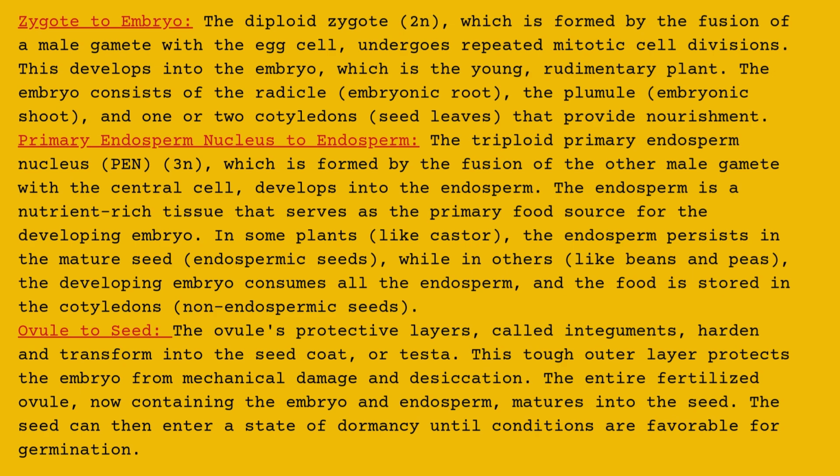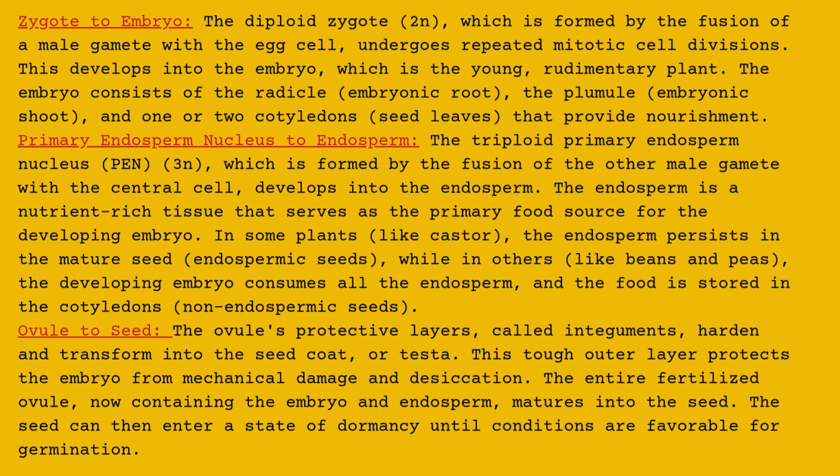Zygote to embryo. Now we will see the process. Zygote to embryo, the first step. In this step, the diploid zygote, which is 2n, formed by the fusion of a male gamete with an egg cell, undergoes repeated mitotic cell division.